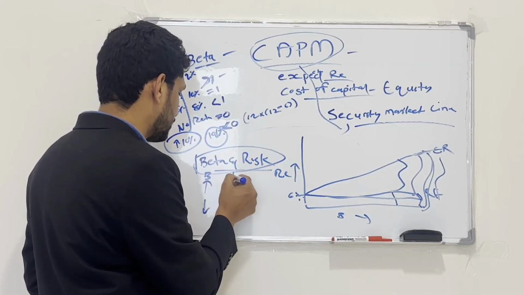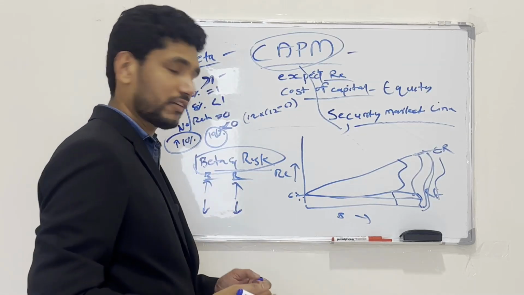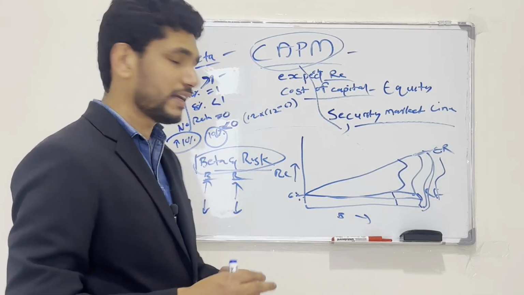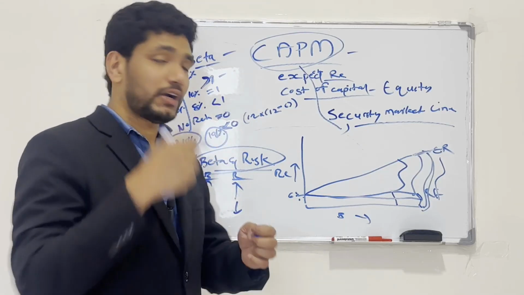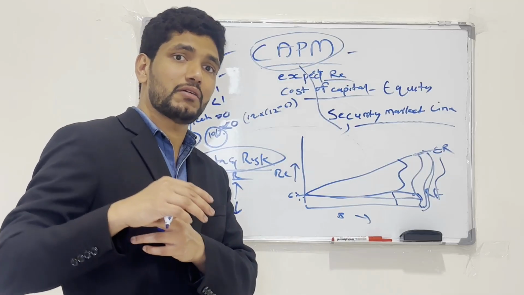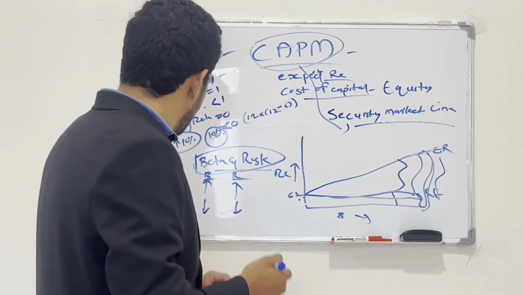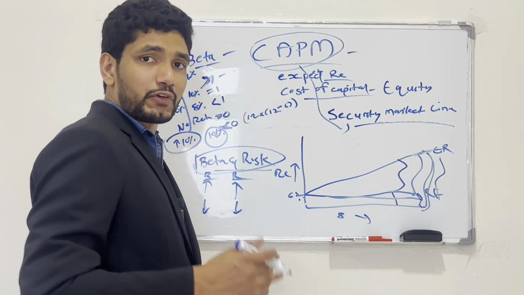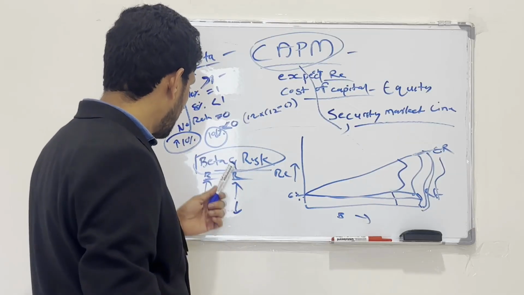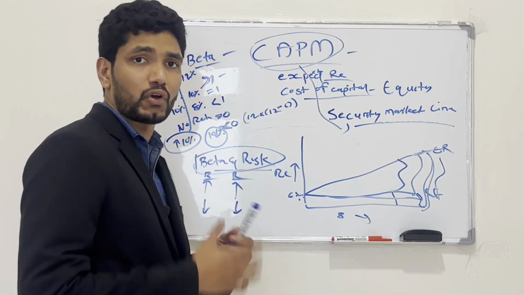Beta and return are always in the same direction. If you select a stock with a higher beta, the stock has a higher risk. If you select a stock with a lower beta, your risk will also be lower.